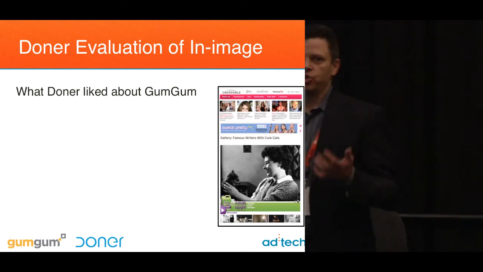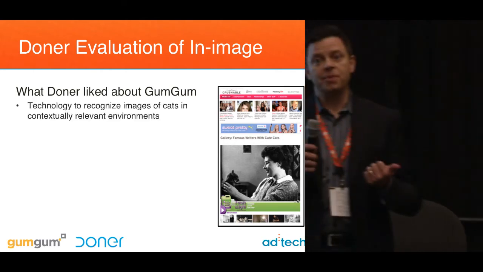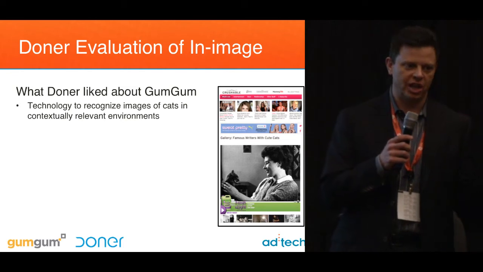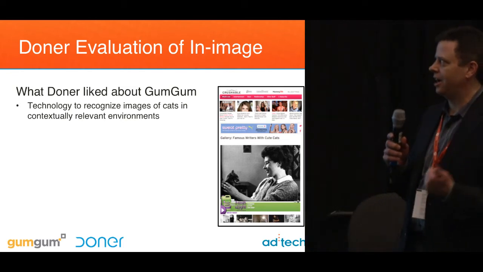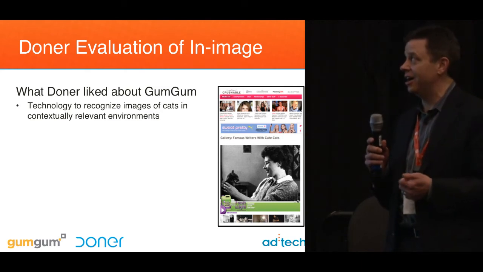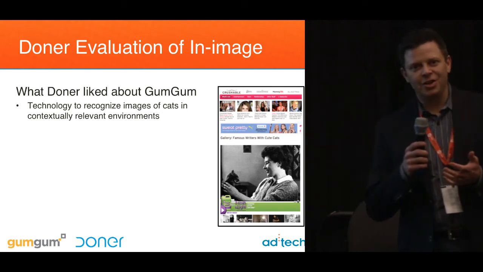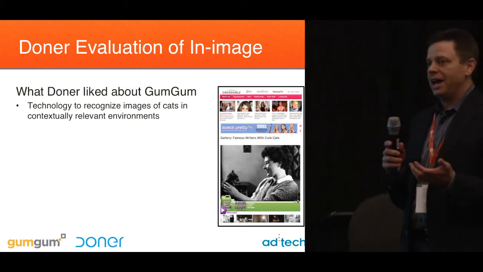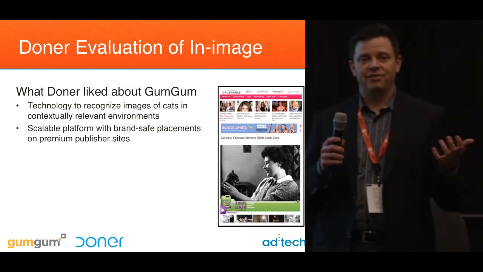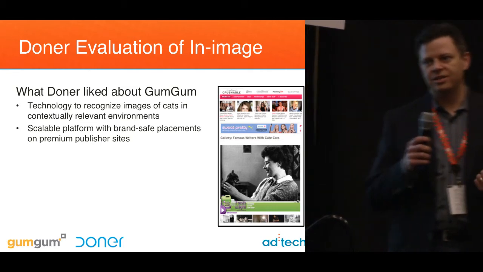Next is we had to trust and believe that GumGum could actually identify pictures of cats on the internet, and their technology works. And I'm happy to say it did, and it does, and it put us into those contextually relevant environments. Next, we looked at the scalability of it. As Tony mentioned, there's over 1,000 sites.